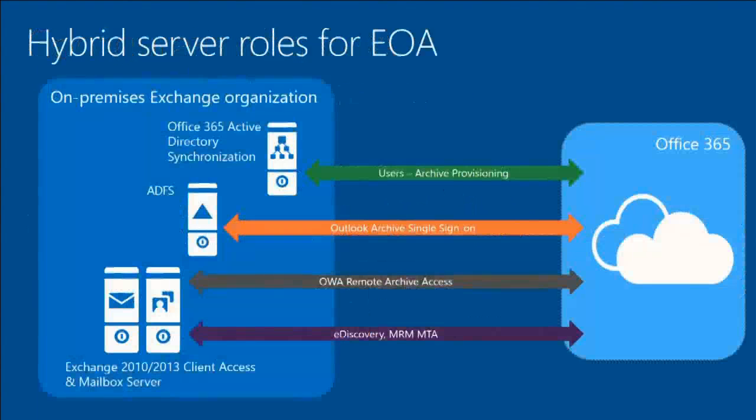Okay, so what are the requirements and how is this going to look? You have on the left your on-premises Exchange organization, and the right side is the cloud. First of all, of course, your Exchange 2010 or 2013 mailbox servers and client access servers. Then you need what we call a hybrid server, or Office 365 Active Directory synchronization, DirSync.